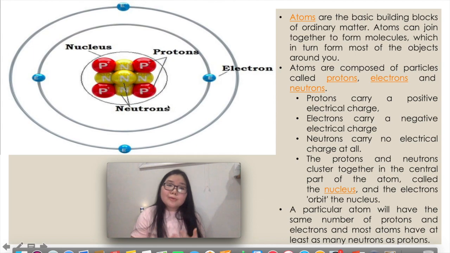That is the reason why the nucleus has a positive charge, and the protons and neutrons cluster together in the central part of the atom, called the nucleus. I already explained that to you. The electrons orbit around the nucleus. A particular atom will have the same number of protons and electrons. This is called the original atom because it has no charge.